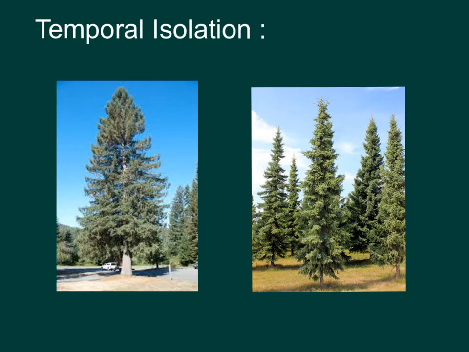Now, these plants have very often overlapping reproductive ranges, and more importantly, since they both reproduce from pollen, it is very possible for the pollen from this tree to be blown the relatively short distance that separates it from the black spruce.